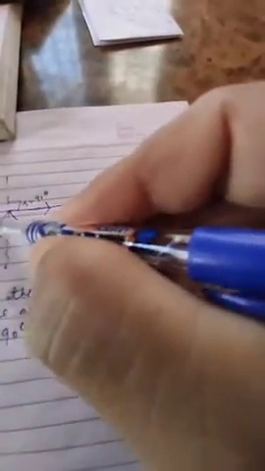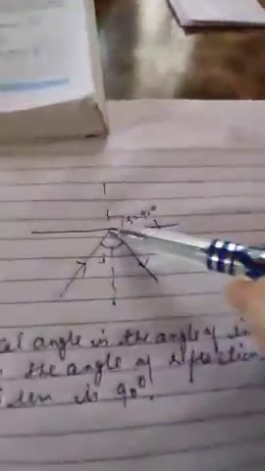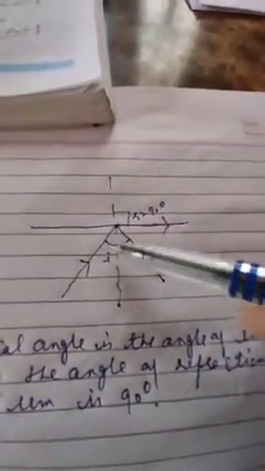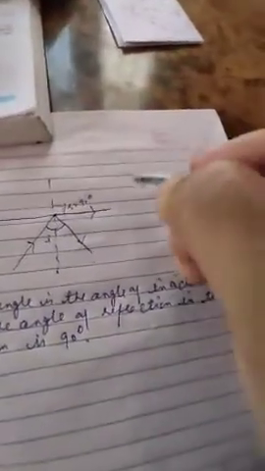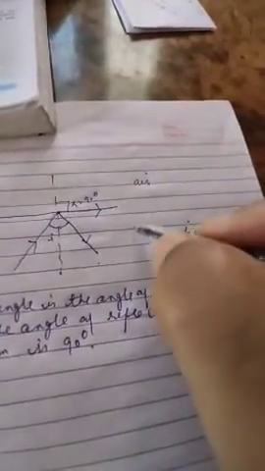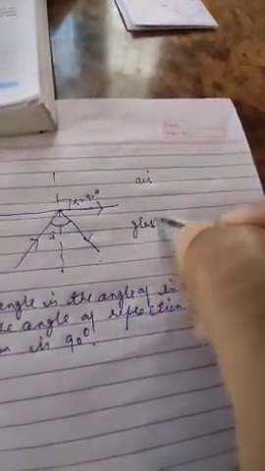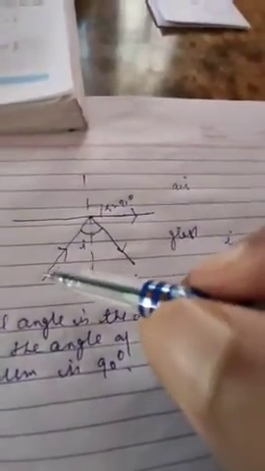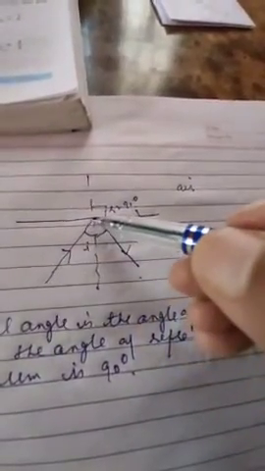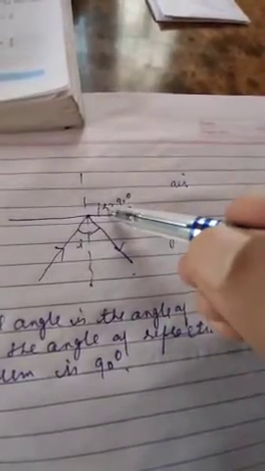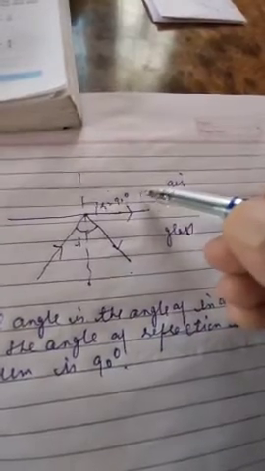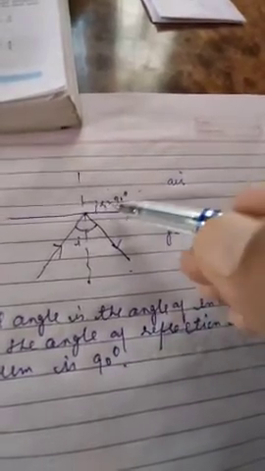Once again, the critical angle is the angle of incidence in the optically denser medium. You can even write glass here. So the critical angle is the angle of incidence in the denser medium, corresponding to which the angle of refraction in the rarer medium is 90 degrees.